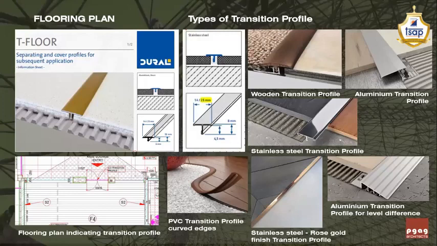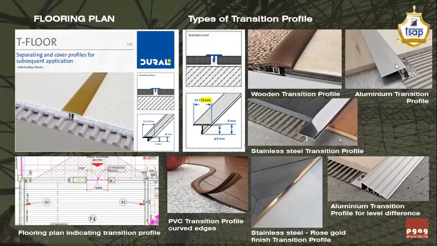For example, you can see the aluminum transition profile, which we use sometimes in between two different hard floorings. Then a wooden transition profile you can use when two different carpet patterns are going to be fused with each other. You can use a wooden transition profile where you generally don't want an MS or SS material to be part of the flooring.